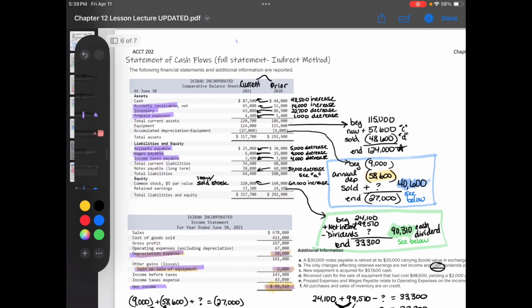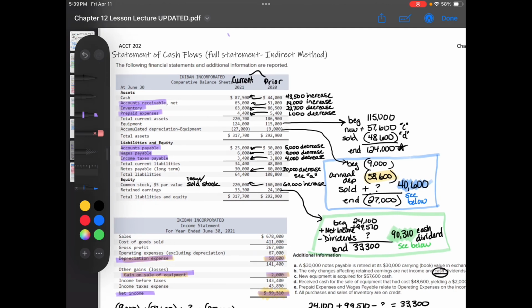So again, we're going to use the accounts that we've already dissected. We've already done all the math on. But for investing, it's long-term assets. So things like equipment, and then of course that accumulated depreciation account, we had to use that as well so that we could find out the amount used for the actual sale of the asset. So we know that.